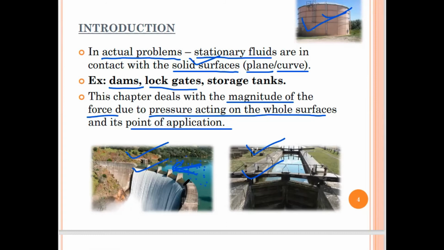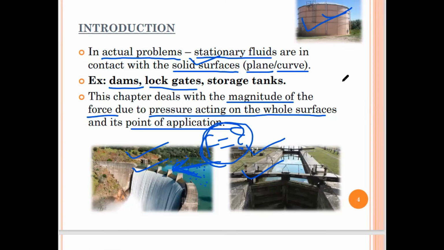Behind this dam, due to that internal pressure, a force will act on the dam. Here we are going to calculate what that pressure force is which acts on the dam, or it may be a surface. The dam is a surface. So what is the magnitude of that force, and at which point will this force act?